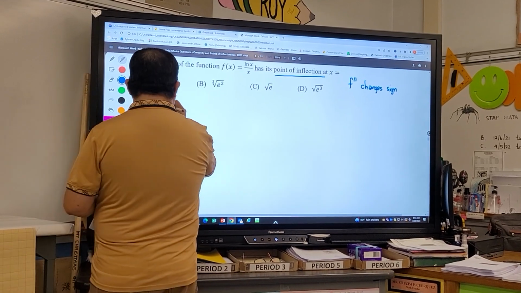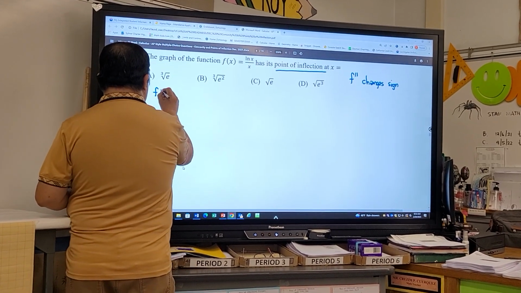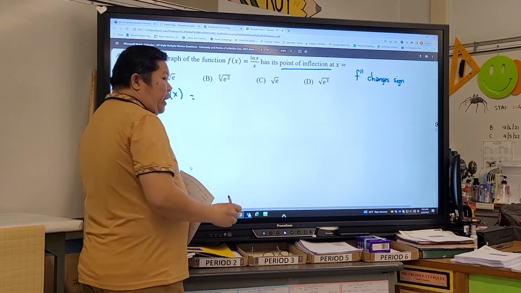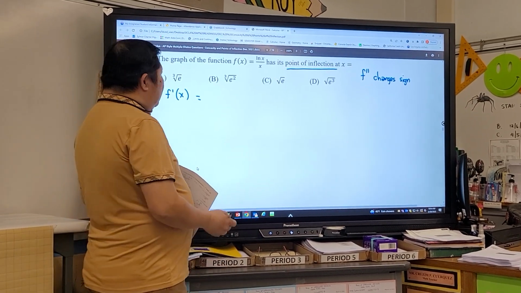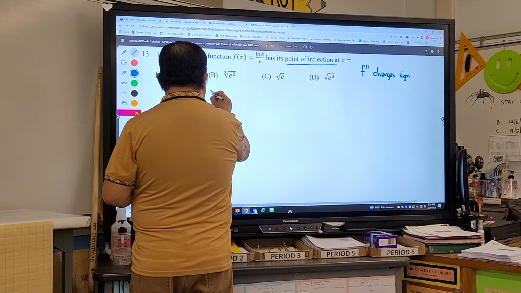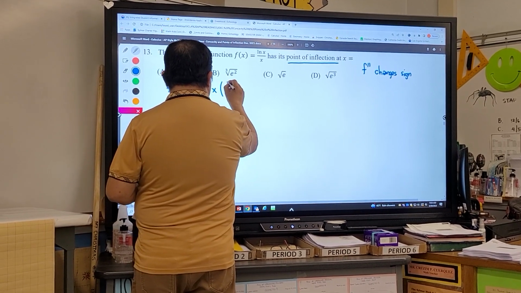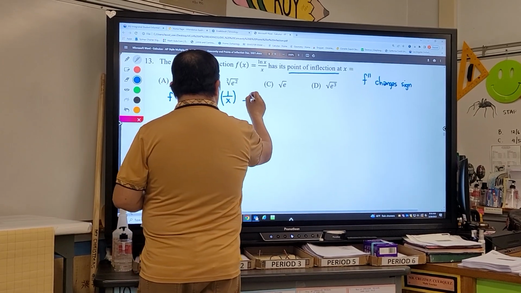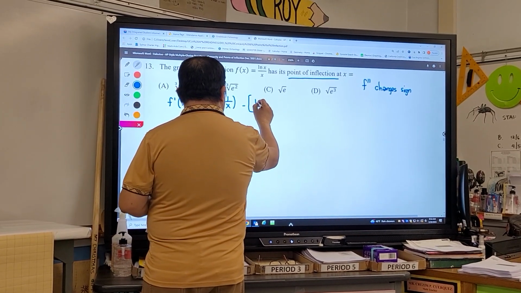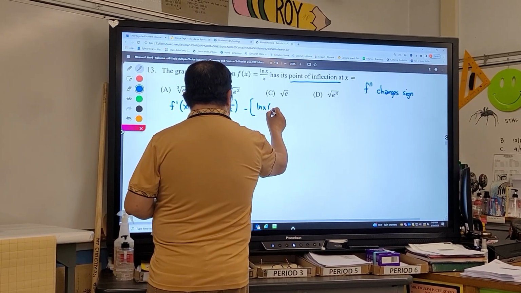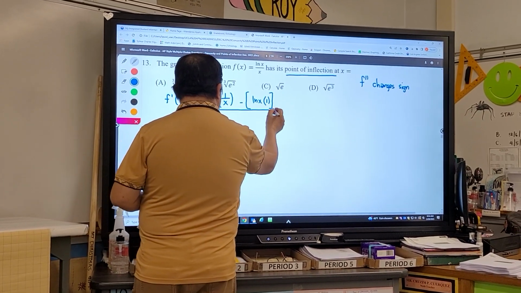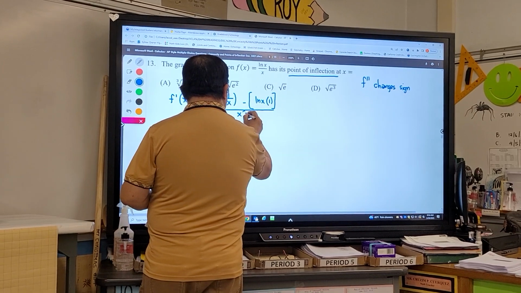So we take the first derivative of the function. f prime of x is equal to low d high: x times the derivative of the high, 1 over x, minus high, ln x times 1, over x squared.